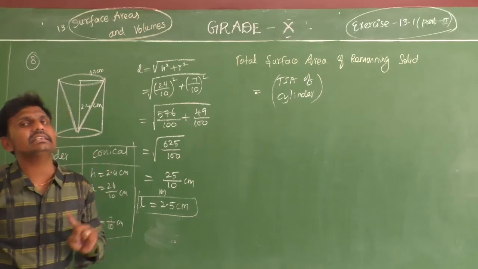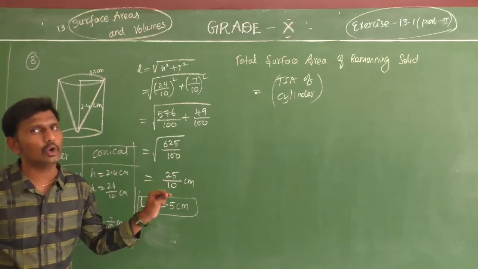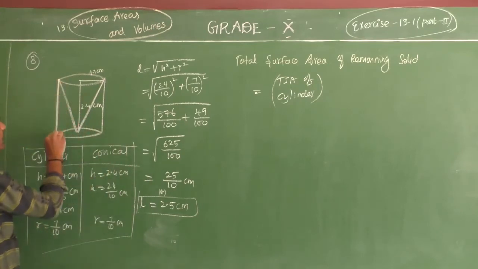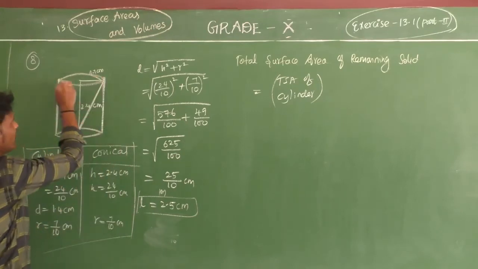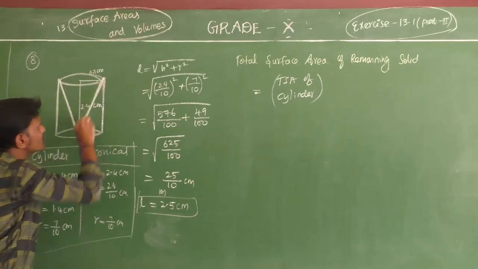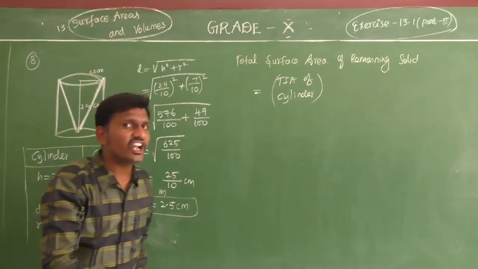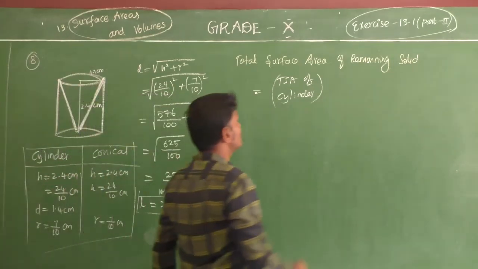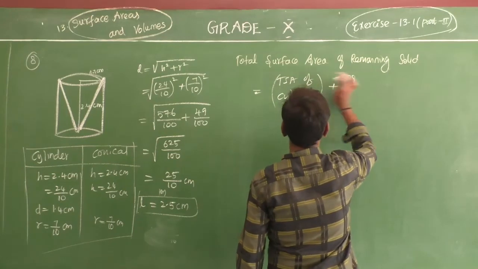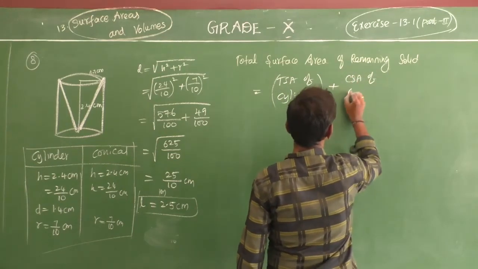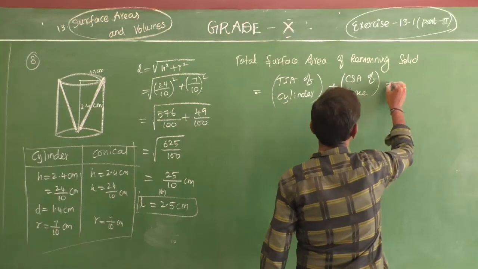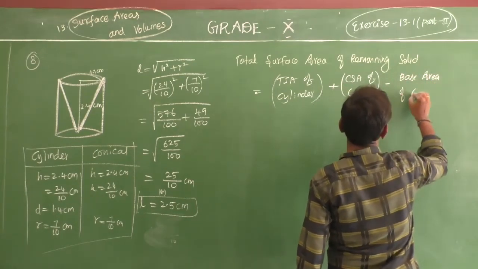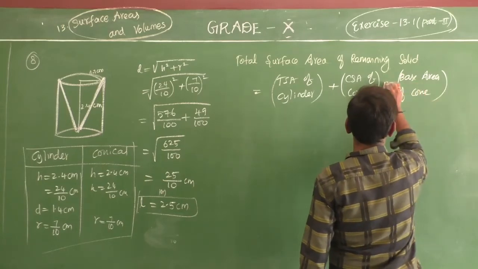Don't take CSA of a hemisphere for this question alone. Why? Because here in the cylindrical portion we have a conical depression. Conical depression hollowed out. That's why, students. Now CSA of a cylinder plus TSA of a cylinder plus CSA of a cone minus base area of the cone.